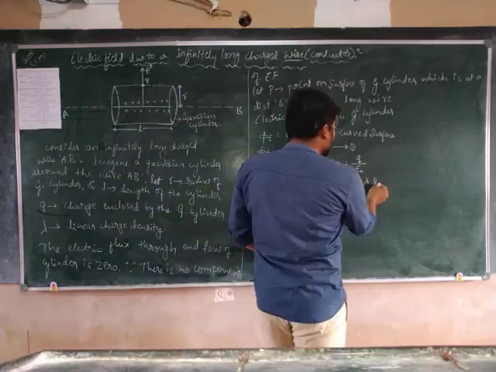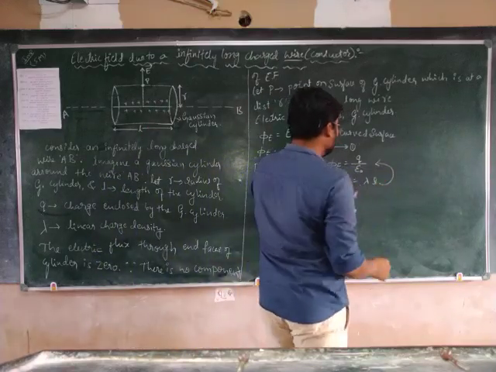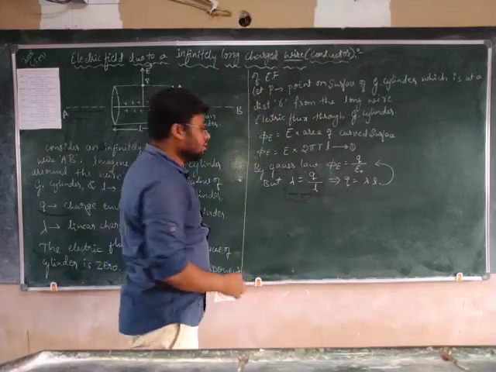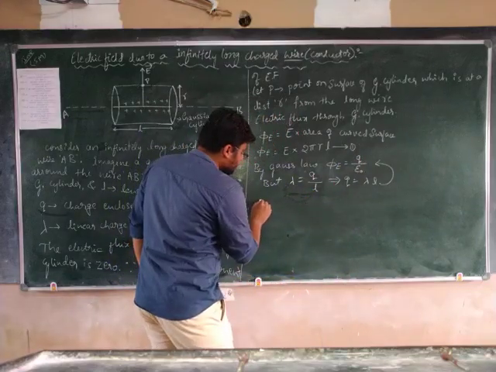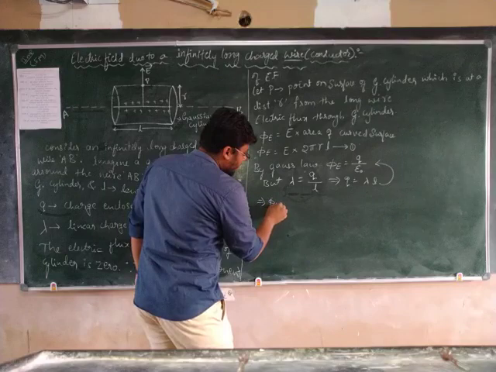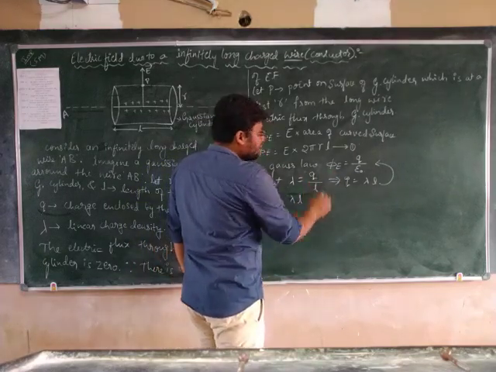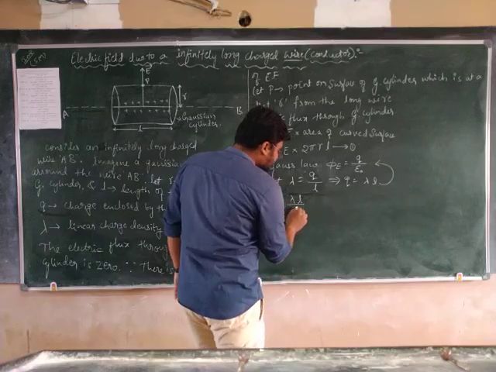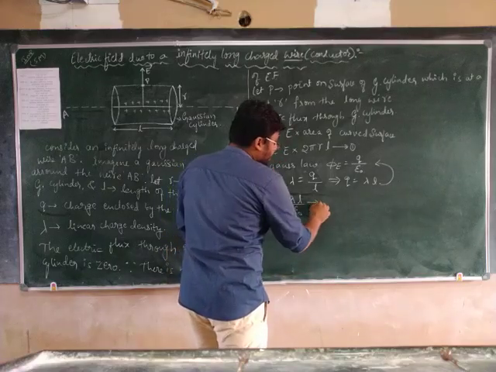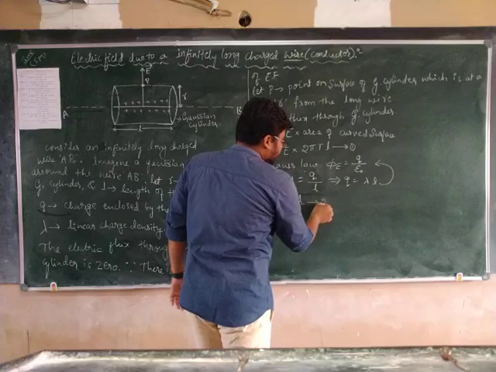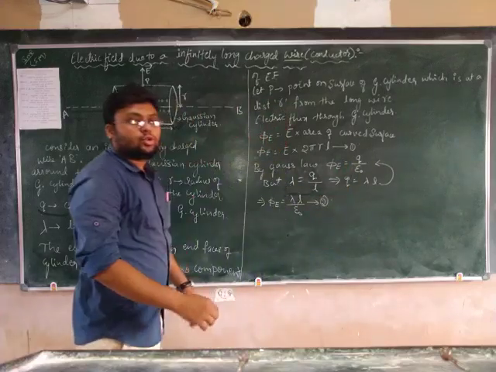Okay. Now substitute this equation in the above one. We'll get, that implies phi E is equal to, instead of Q we need to write lambda into L divided by epsilon naught. So call this as equation number 2.